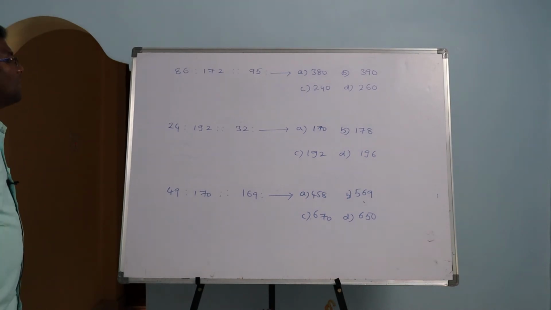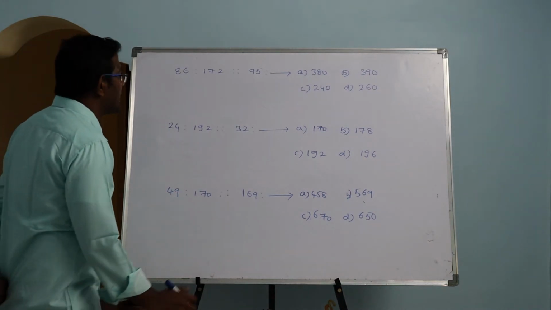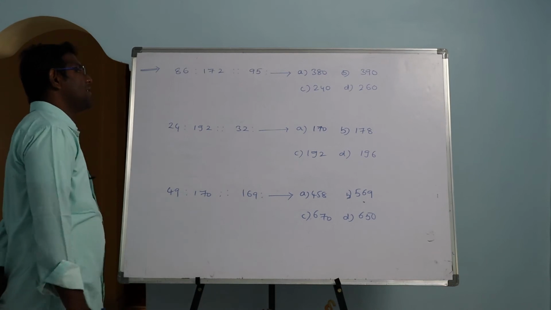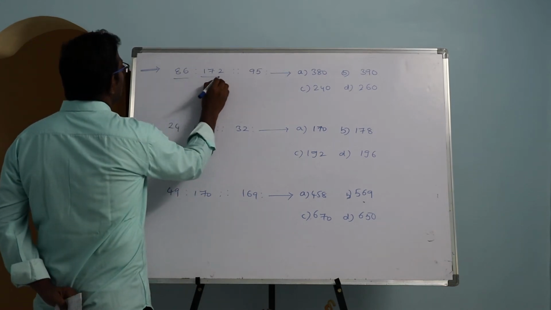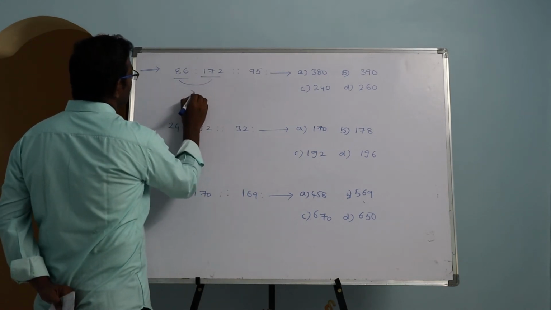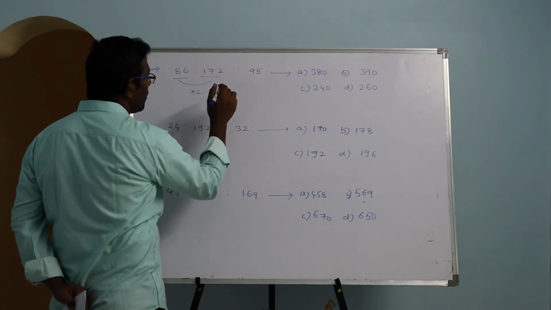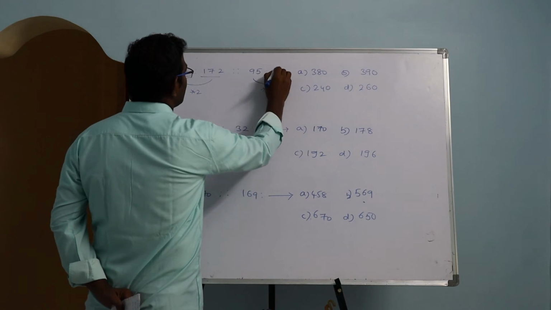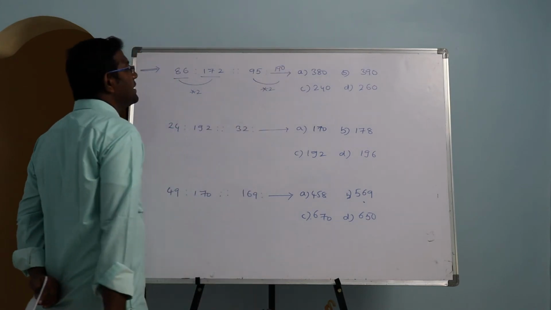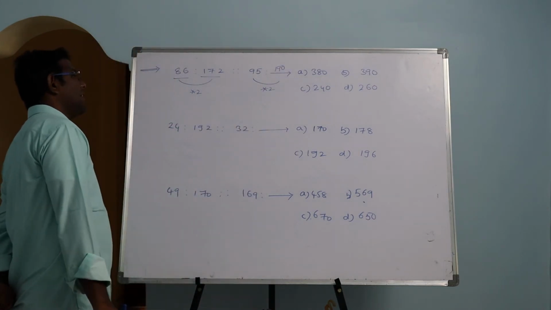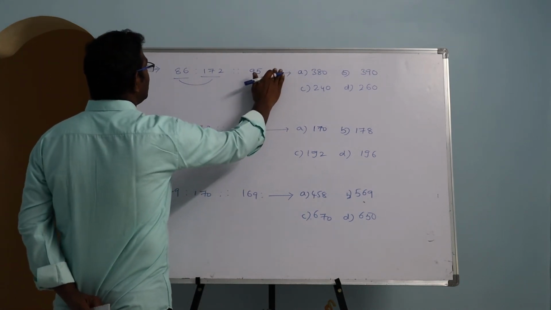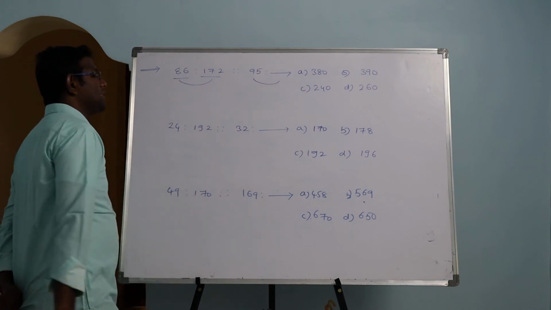You can observe it, sir. 86 is 172. Is there any relation between 86 and 172? That's why there is a relation between 86 and 172. In the same way, 95 to our answer goes to 190, but there is no 190 in the options. Then what do we do? Identify, sir.